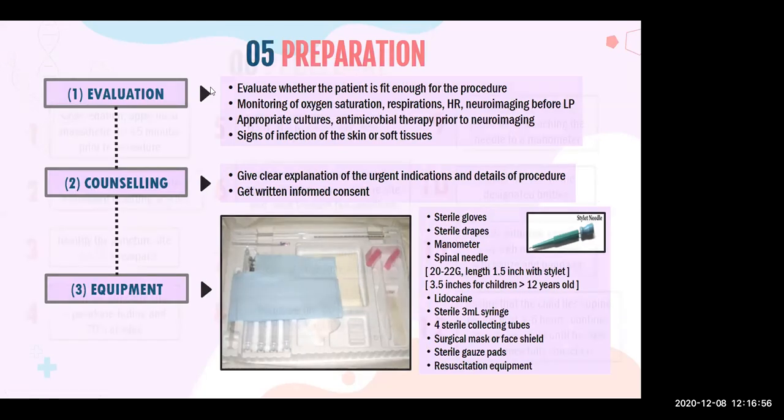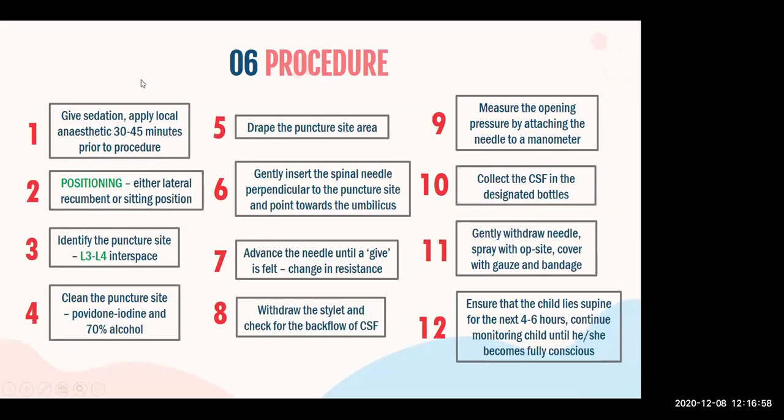And then we go to the procedure. The first one, we give sedation so that the patient will be stabilized and unconscious. This is important because sometimes a pediatric patient will move around and cry, so it will be difficult to get the procedure done.